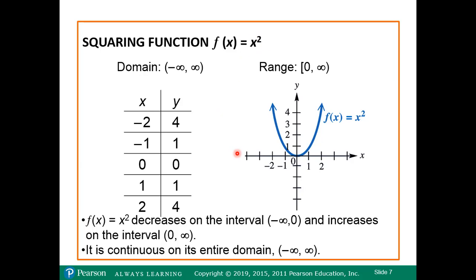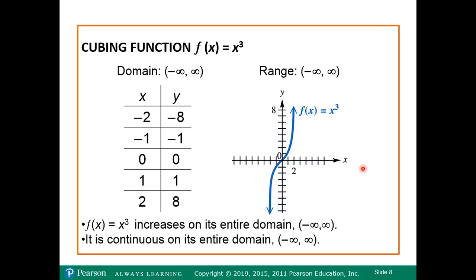Some textbooks call these the toolbox functions because all the other types of functions can be created by starting with the basic functions, or toolbox functions. So f of x equal to x squared decreases from negative infinity to 0, decreasing from left to right all the way up to 0, and then it increases from 0 to positive infinity. And it's continuous on the entire number line.